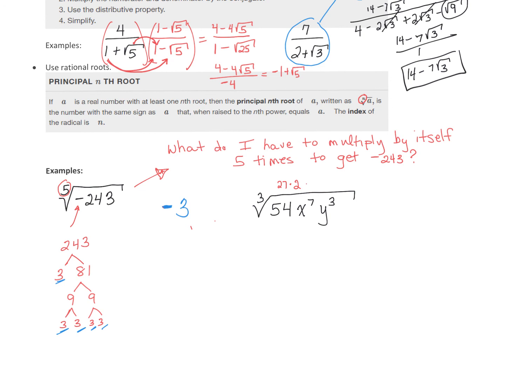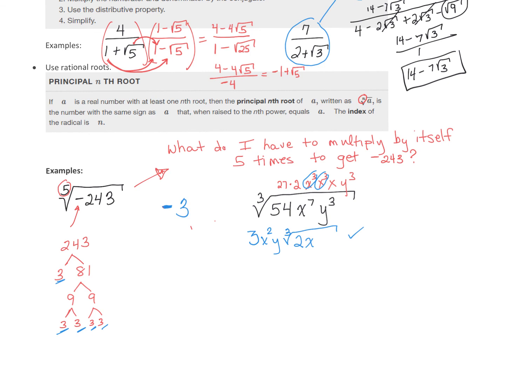I'm going to think of x to the 7th as x cubed, and one more x, and then a y cubed. So we're going to get the cube root of 27, which is 3. I cannot take the cube root of 2. That's my leftover pile. I'll take an x out for that and an x out for that, so I get x squared with 1 left over, and 1 y will get taken out. So that's how you do that.